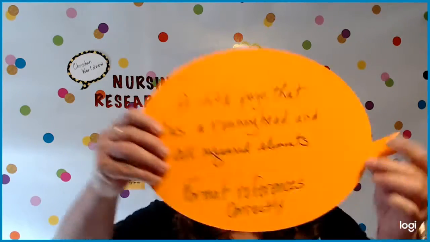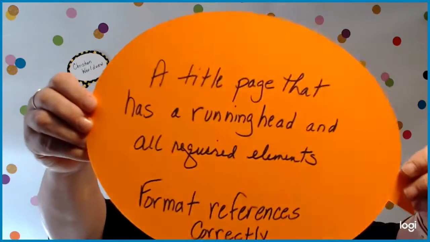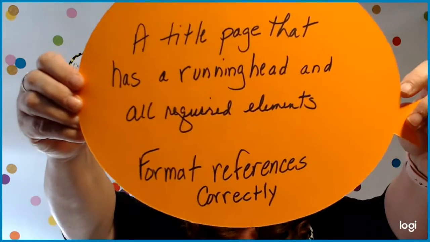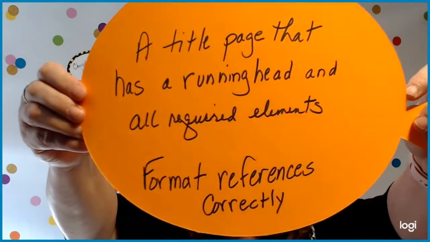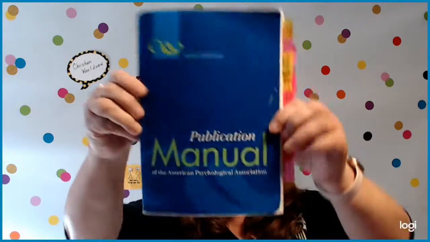You need a title page. Your title page has to have a running head and all the required elements, and format your references correctly. We've been having some difficulty with that. You all have an APA manual, or you should have an APA manual, looks like this. And I have been referring you to specific pages in this manual if you've not been able to do something correctly.